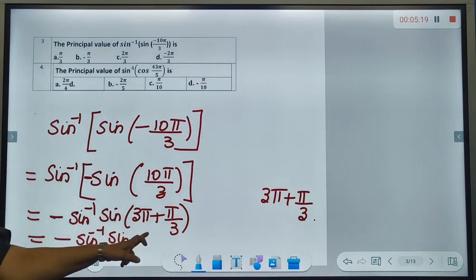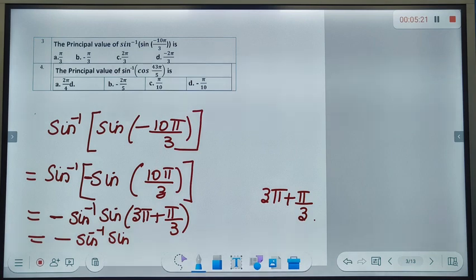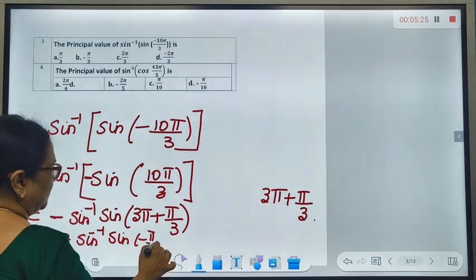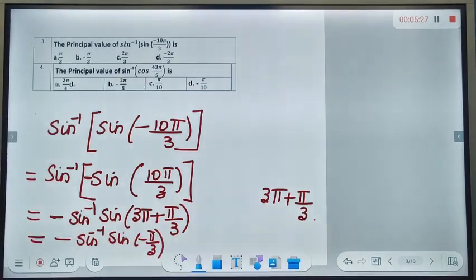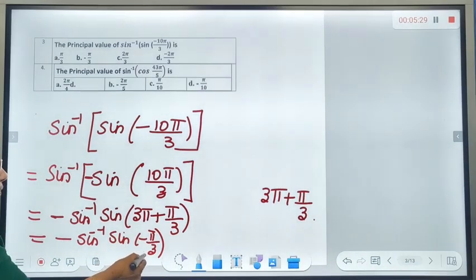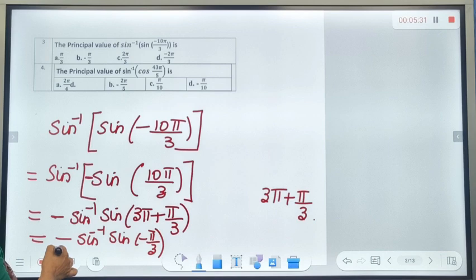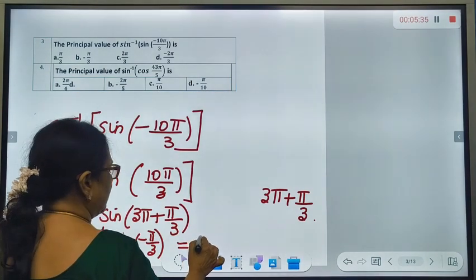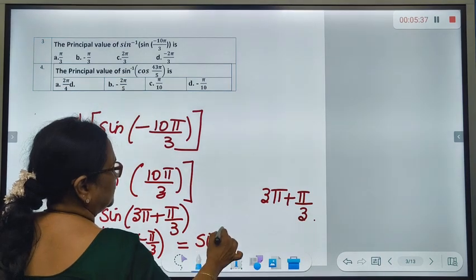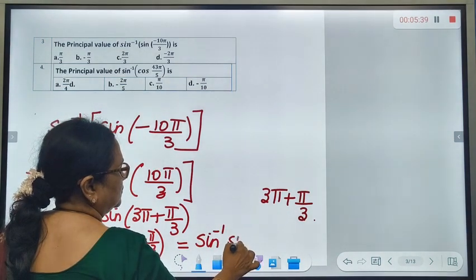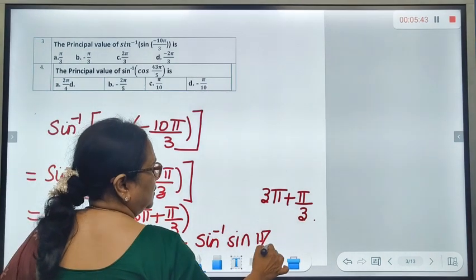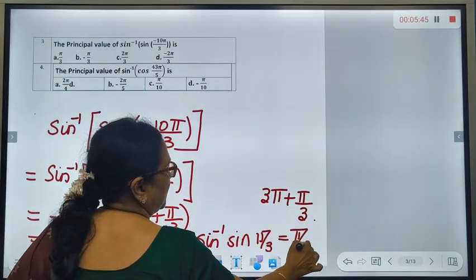So that will take you to the third quadrant. In the third quadrant, sine is negative, so it will give you minus pi by 3. So now sine of minus pi by 3 is again minus sine pi by 3, which again brought outside will give you sine inverse of sine of pi by 3. Which is equal to pi by 3.